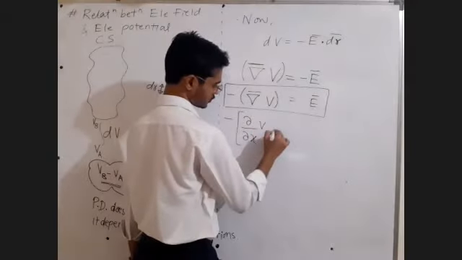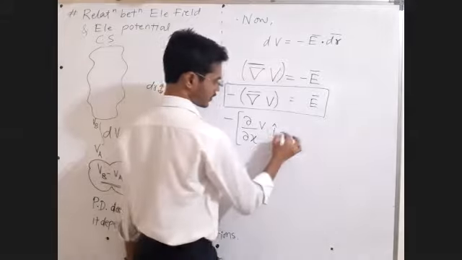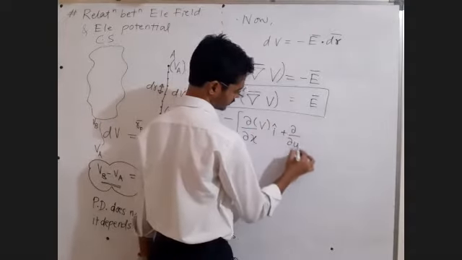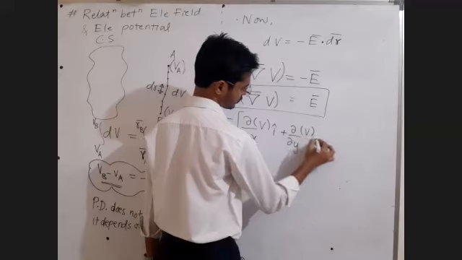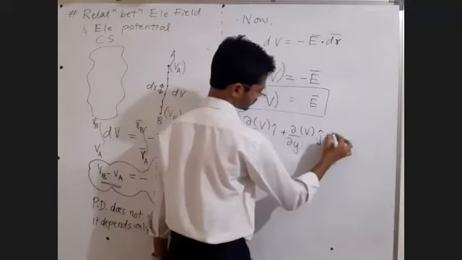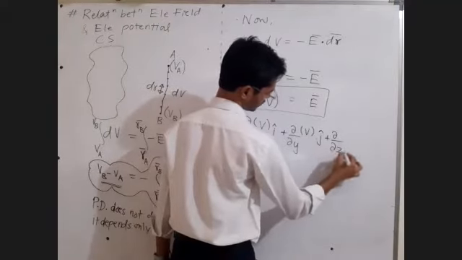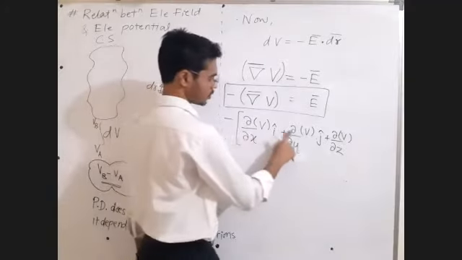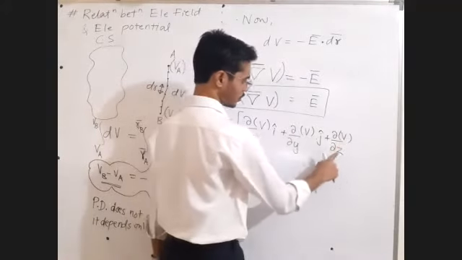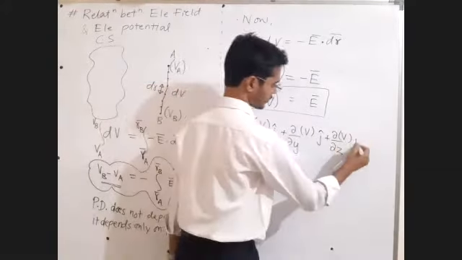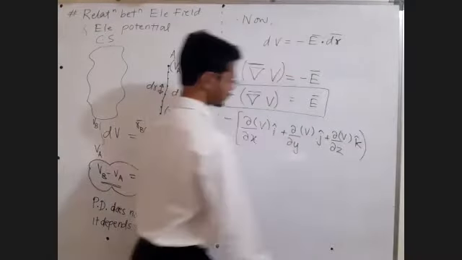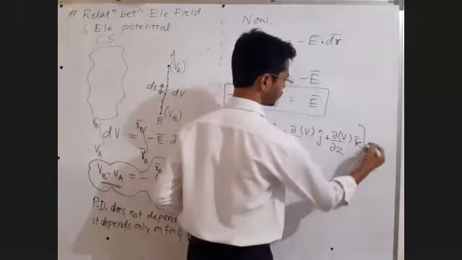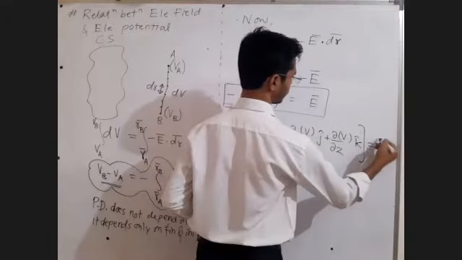Into i cap plus dou by dou y of the potential into j cap plus dou by dou z of the potential into k cap: dou V by dou x, dou V by dou y, dou V by dou z, i, j, k. Now on the left hand side we have a vector, and on the right hand side also we have a vector.